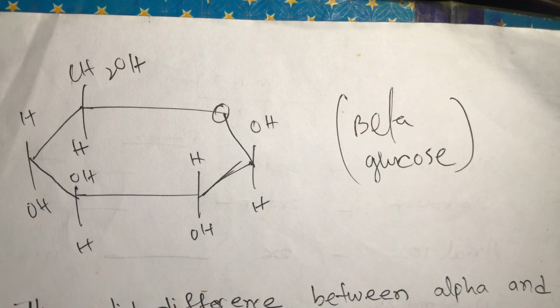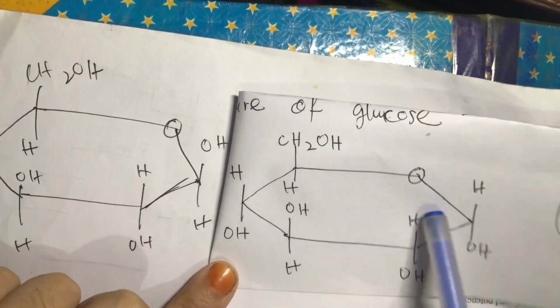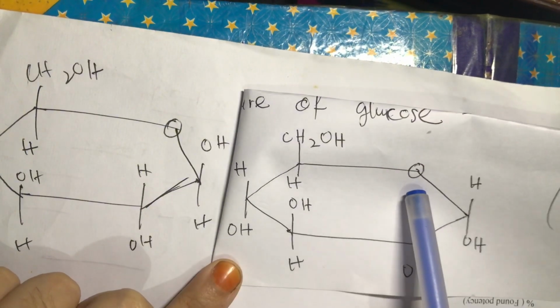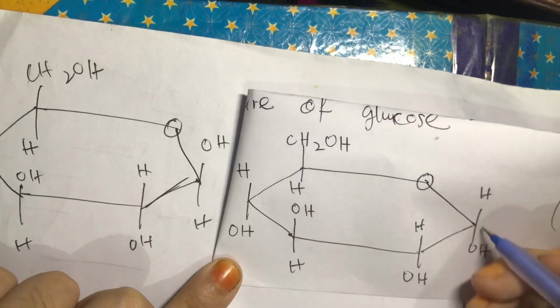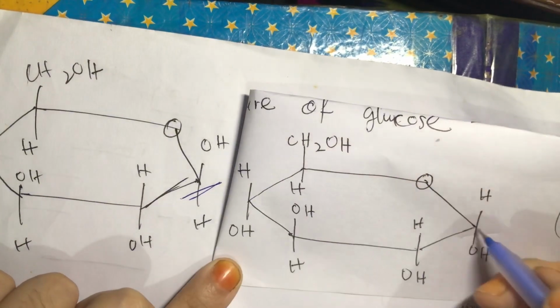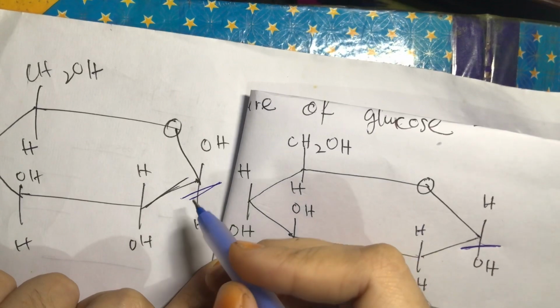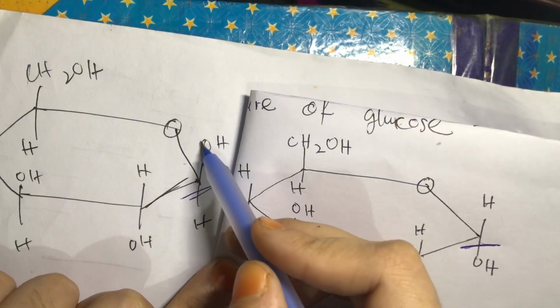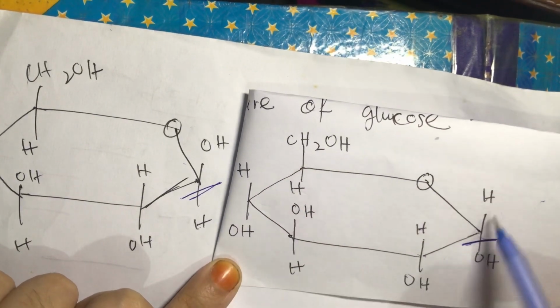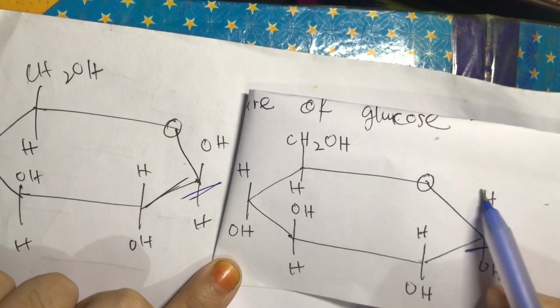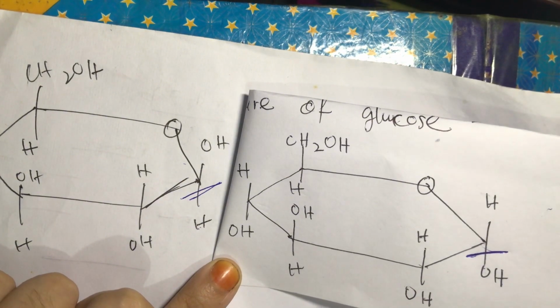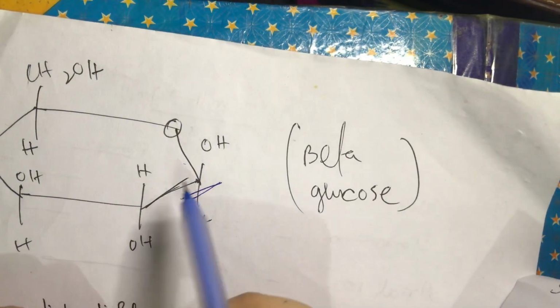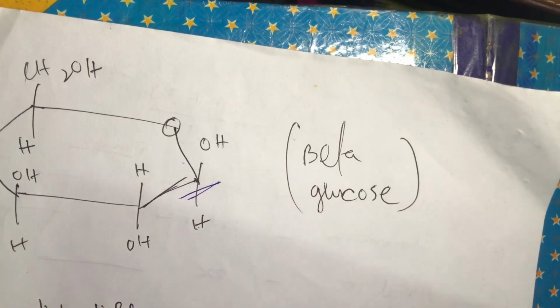So what is the difference between alpha glucose and beta glucose? If you look closely, both structures are the same, but can you see the difference? This is where the difference is. In carbon 1, this OH and H group is inverted. The H is up and the OH is down in alpha glucose, whereas the OH is up and H is down in beta glucose.